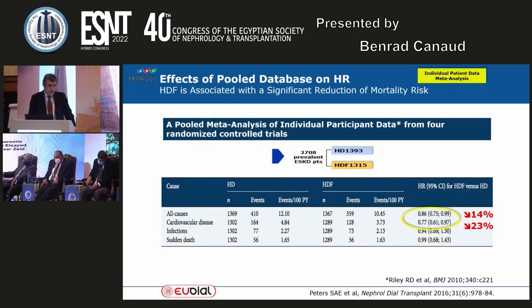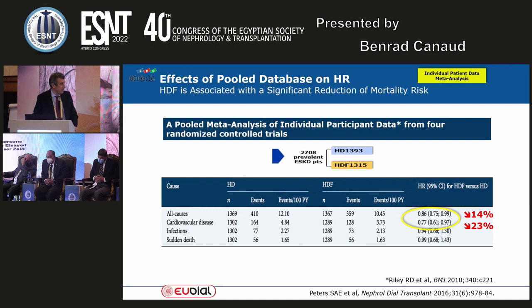This is why in this consortium, we went back to these 4 randomized studies and created a pooling project where we went back to the patient data sets and completed them. We followed the patients until the end of follow-up and made a new reanalysis.